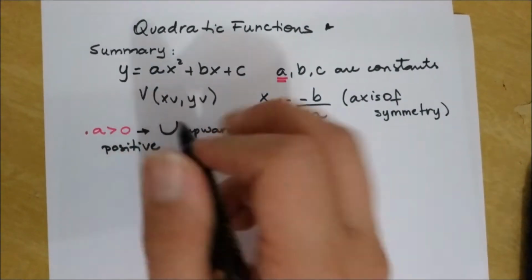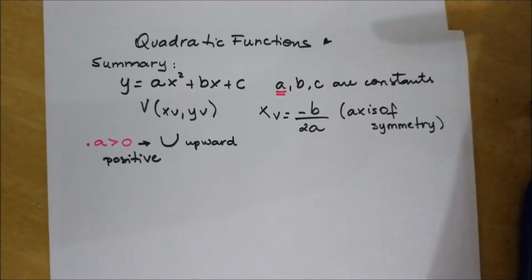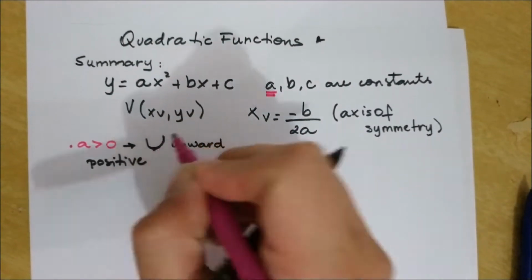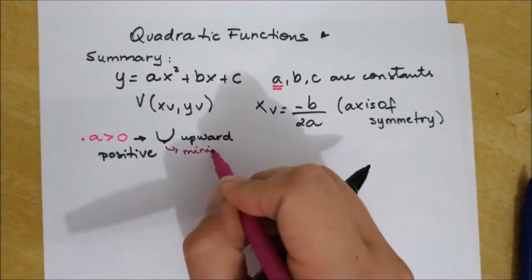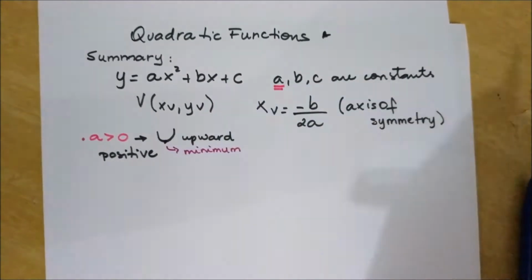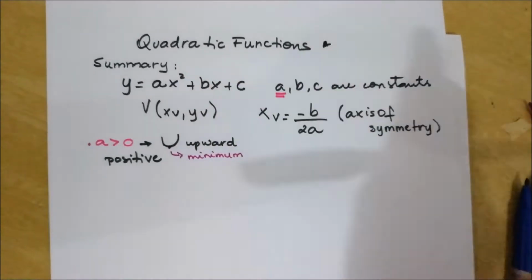And we also have over here a point of minimum. So my vertex is going to be a minimum.